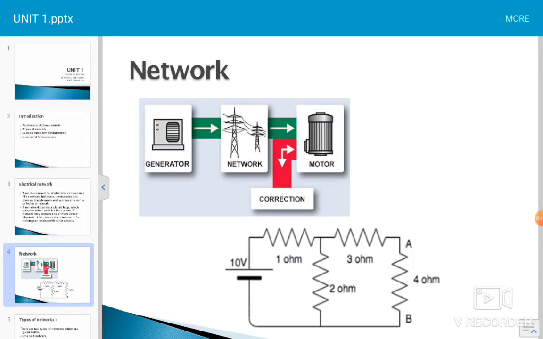They all constitute a network. Now the second figure shows a simple way; it is also called a network, because you have seen that 4 resistors are connected in this circuit. So to understand simply what a network is, see these two figures.